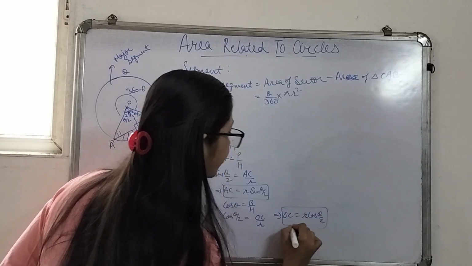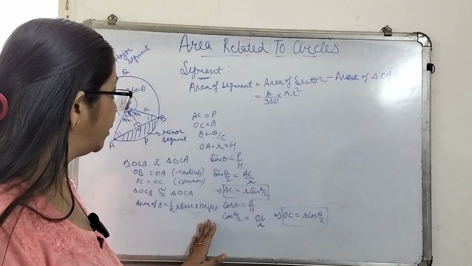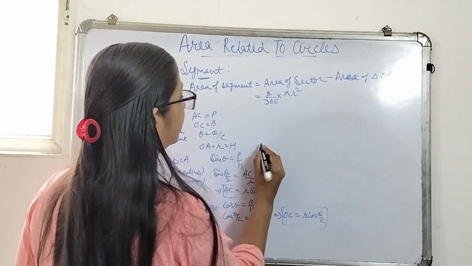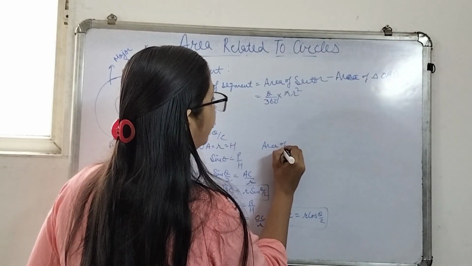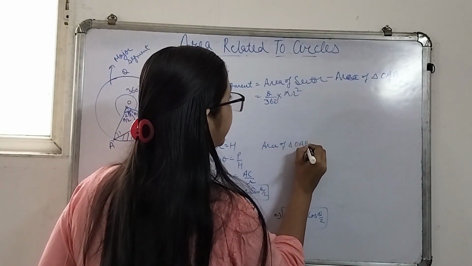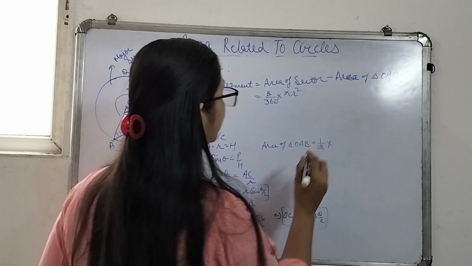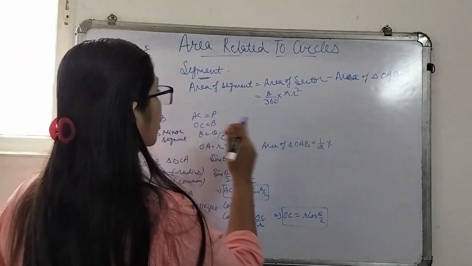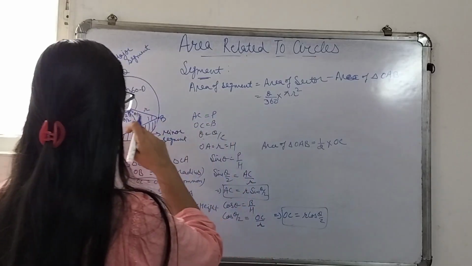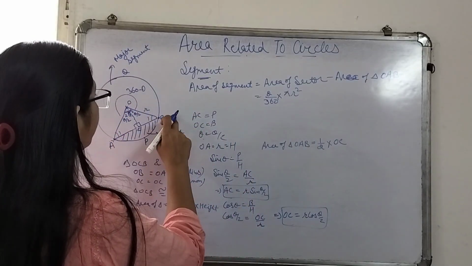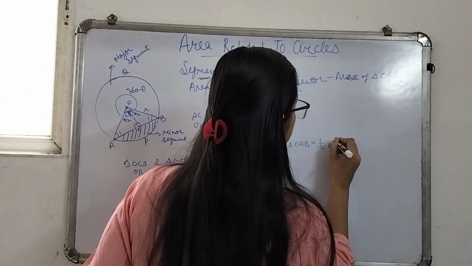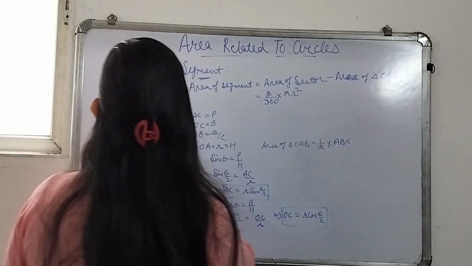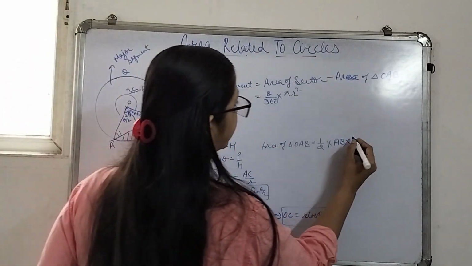This is the value of OC. We know that the area of triangle OAB will be 1 upon 2 into base, which is AB, and height for this triangle, which is OC.